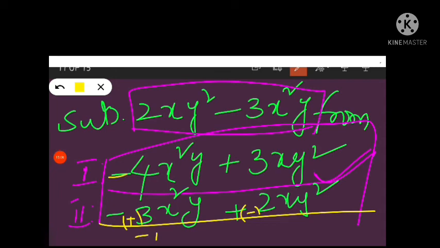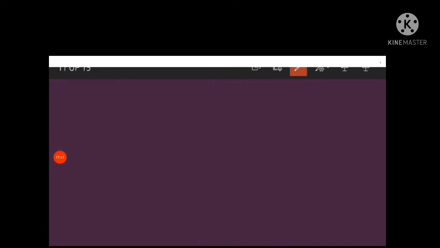So you should write minus sign here: minus 1x square y. And here plus 3xy square minus 2xy square will give you plus 1xy square. So this is the required answer: minus x square y plus xy square is the required expression after subtracting the first expression from the second expression. This is about the terms.